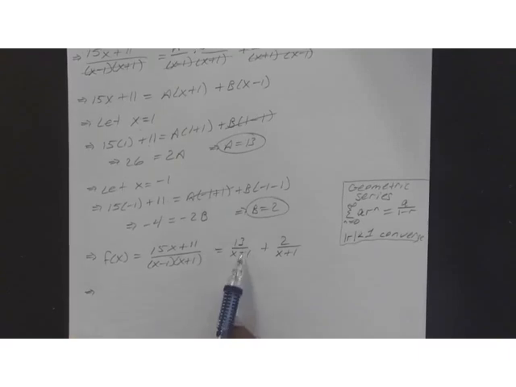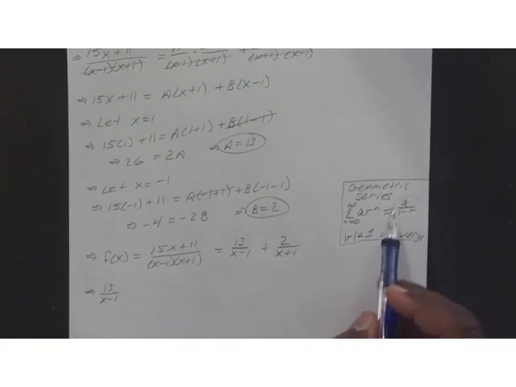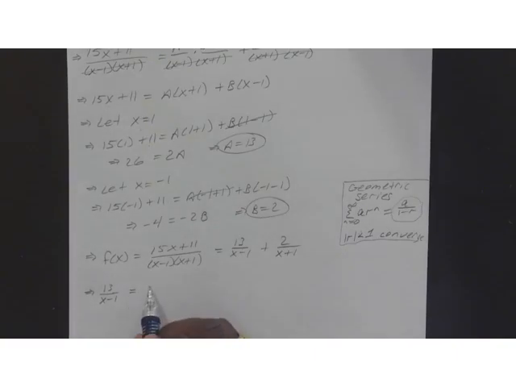Okay, so if we take our 13 over x minus 1, we have to put it in that geometric sum form. Remember, we can just make that 13 over negative 1 plus x.